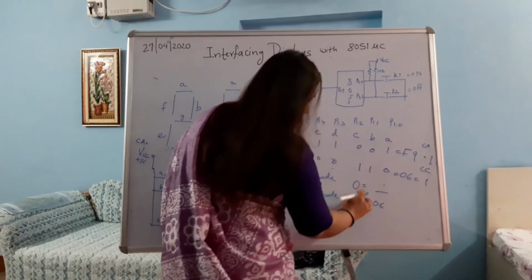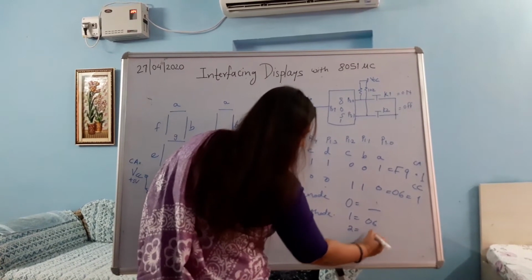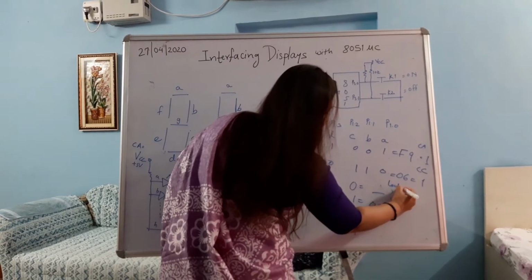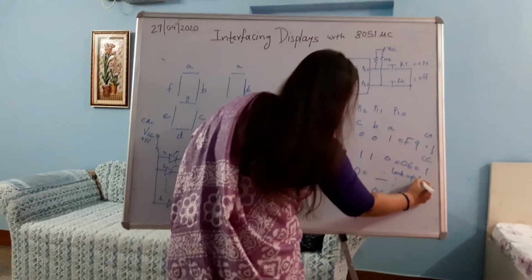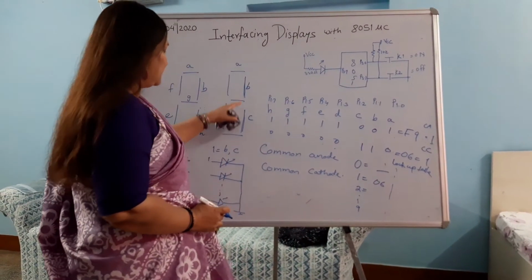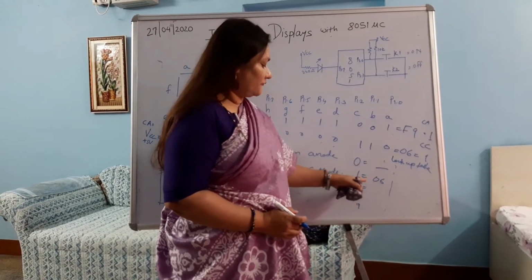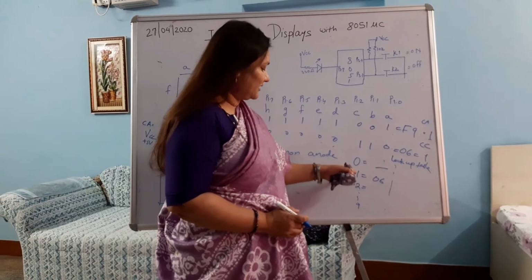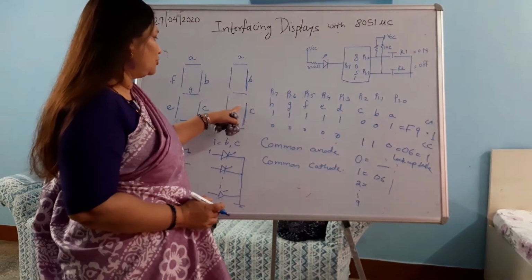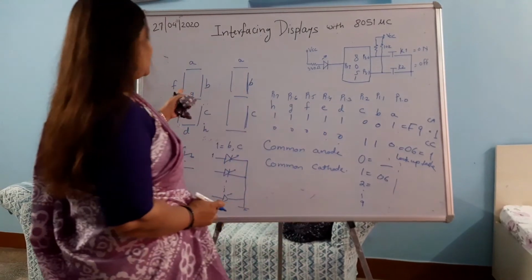So if I am using common cathode, I have to define all the bytes for 2, likewise till 9. This will form my lookup table, and whichever digit I want to glow, I have to call from this table. If I want to glow 1, I will call from this particular memory location. What is available at this memory location? It is 06. So to glow 1, I am not putting 1 on the display; I am putting 06 hex to glow this particular LED.